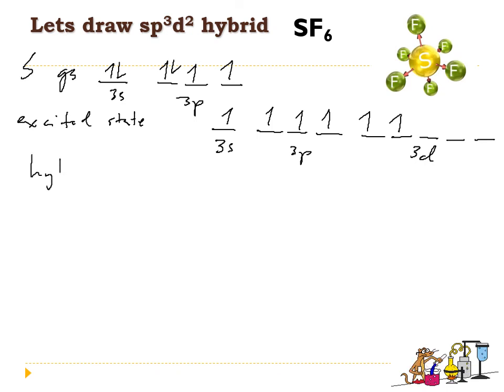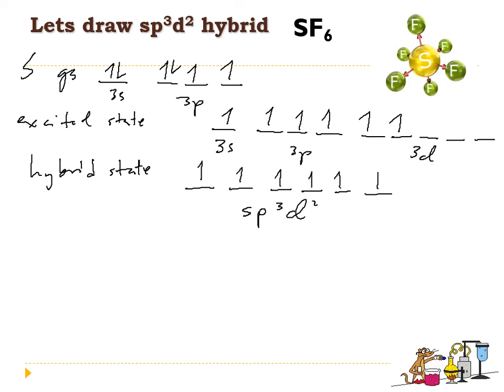So the hybrid state is going to be 1, 2, 3, 4, 5, 6 sp3d2. There would be 1 electron each for this, so that it can form covalent bonding for 1, 2, 3, 4, 5, 6 sigma bonds over there.